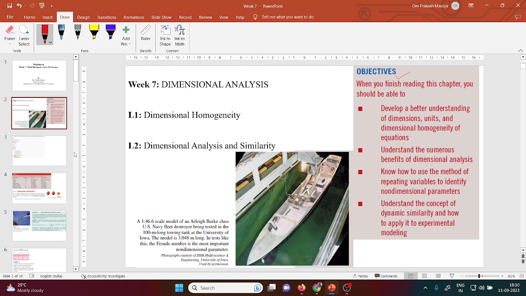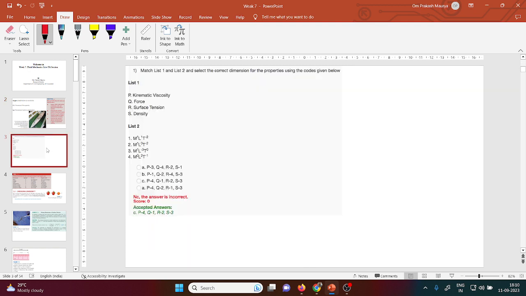First, let's see the first question, what types of questions are asked. These are questions from the very basics; I think in class 11 you have also solved this type of question. Please attempt the answer. The answer is written here: option C is correct, but how is it correct? Please check on your copy whether option C is correct or not, and write your answer in the comment box.